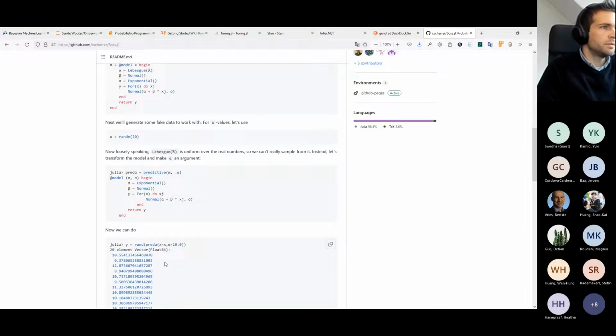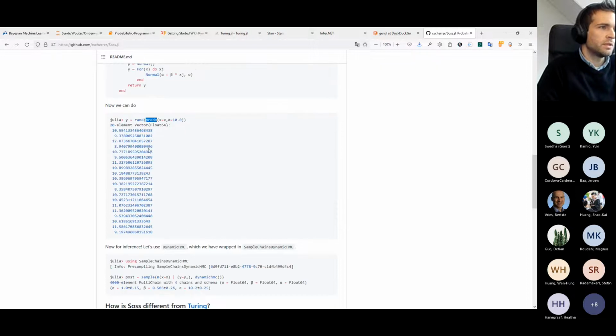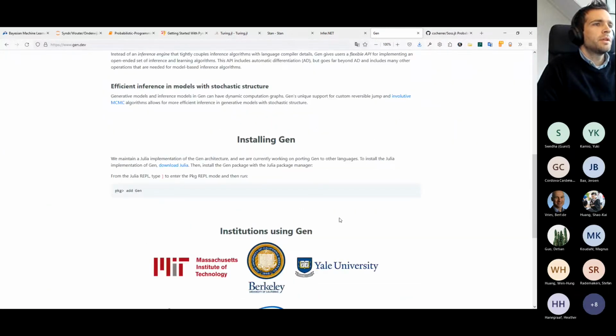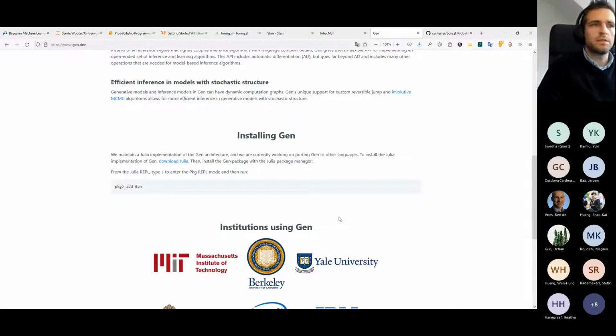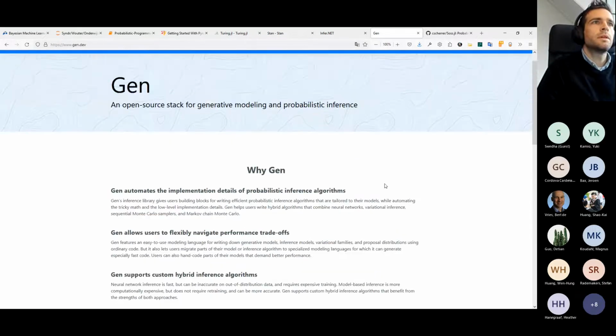And so you would like to do some form of inference, pred alpha, and then under the hood it does, in this case also, a Monte Carlo sampling step. So people are also still testing ways to automatically do probabilistic inference, probabilistic machine learning.